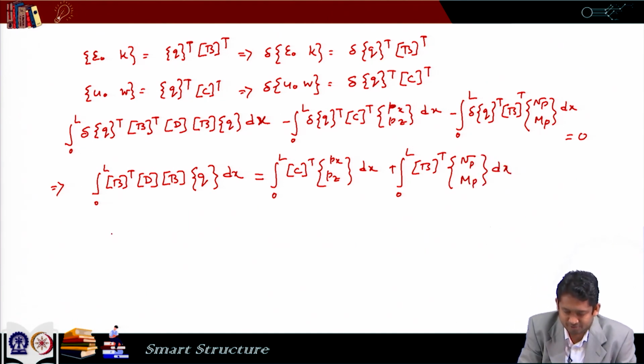And again this comes to the same form that we derived before.